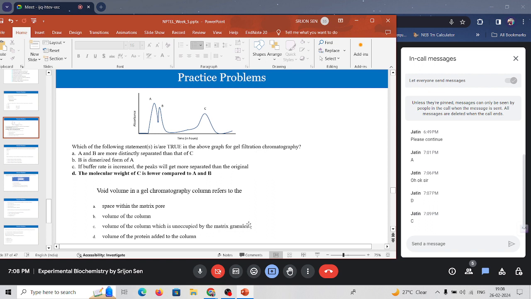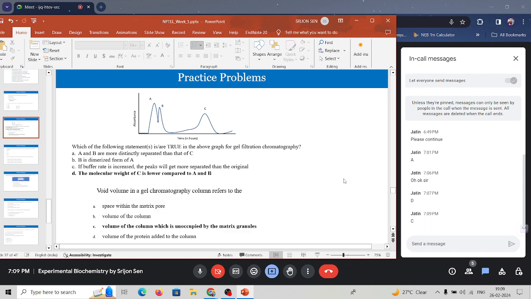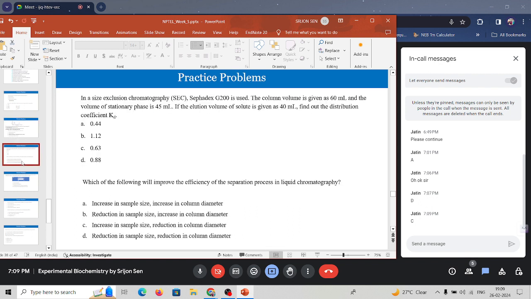So C is the correct answer. It is the volume of the column which is unoccupied by the matrix granules. When a particular protein has crossed the limit of the separation, or lies above the separation limit for that particular column, it comes out as the void volume. So therefore it is the volume of the column that is unoccupied by the matrix granules. Very good.